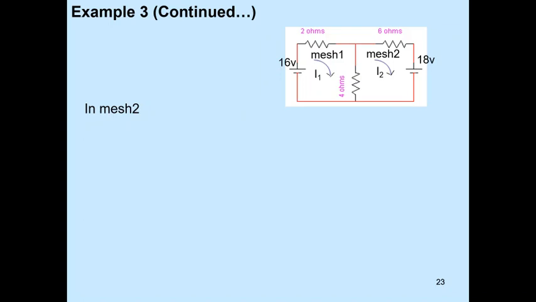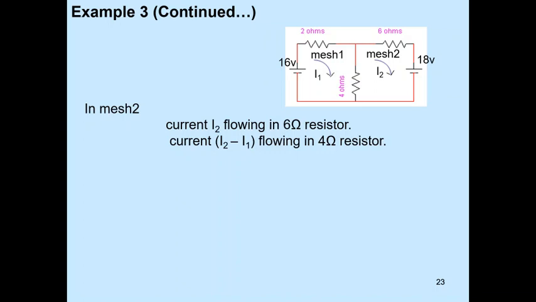And in mesh 2 equation, the current I2 is flowing in the 6 ohm resistor, and in the 4 ohm there are both currents I2 and I1 flowing, and the currents are in opposite directions. So we have to take the direction in mesh 2 as I2 minus I1. By applying Kirchhoff's voltage law for mesh 2, the total algebraic sum of all voltages in mesh 2 is 0.